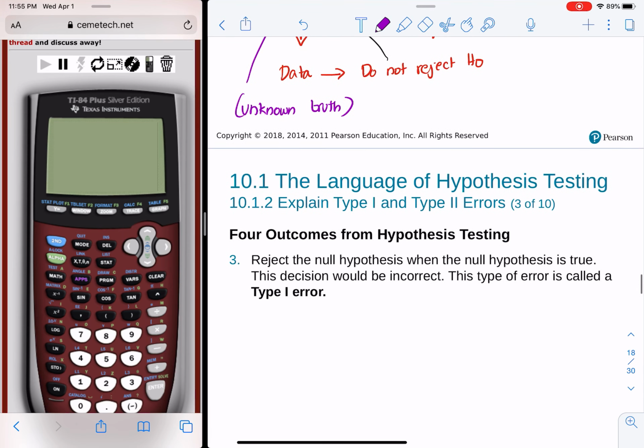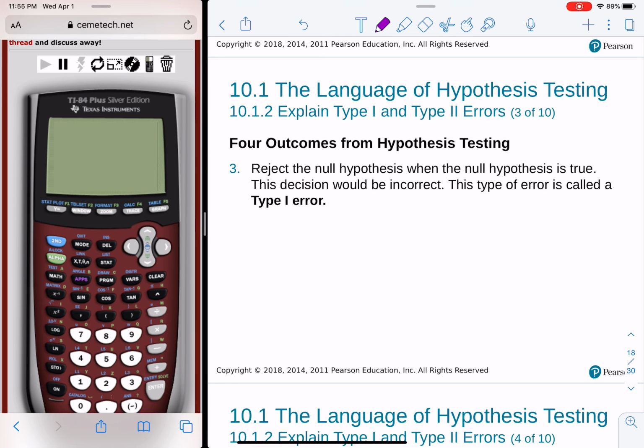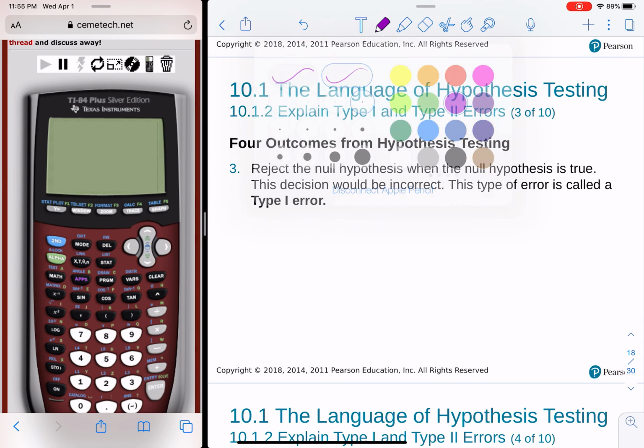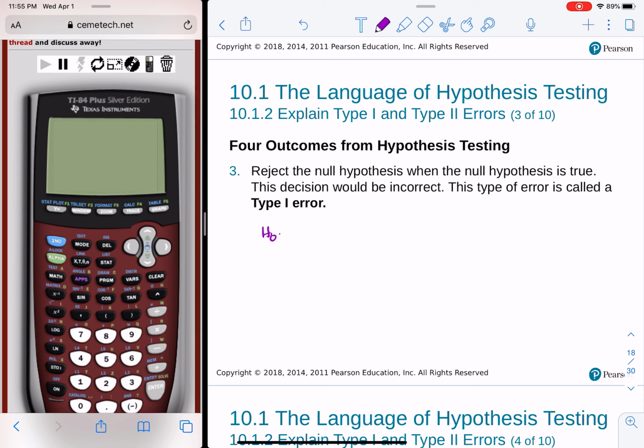The next outcome is when the null is 0.23 and the alternative is sigma less than 0.23.